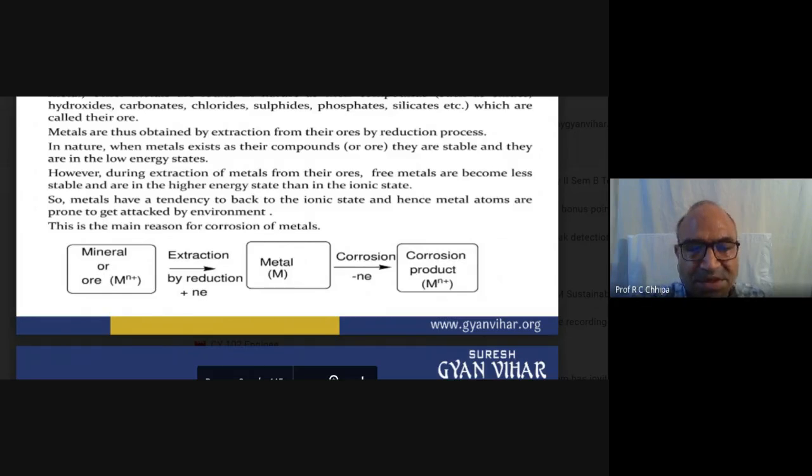In case of pulses packing, whatever the food materials are packed, no oxygen is there, and oxygen is removed, because oxygen itself can definitely give destruction of that particular material.